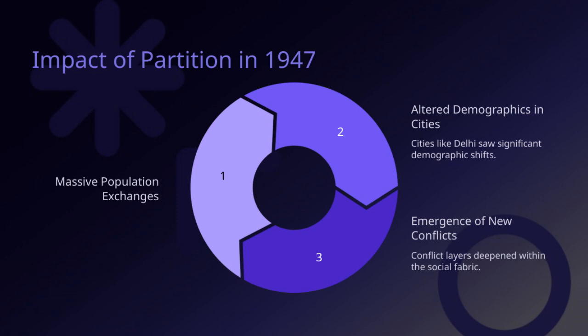So, when we look at these layers of conflict, it's important to recognize how demographic shifts and population exchanges are deeply intertwined with the broader narrative of social upheaval and transformation during this period. These factors helped deepen existing tensions and created new challenges that continue to influence the region's social dynamics today.